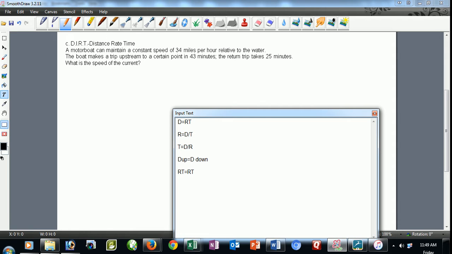So what you're going to say is the rate upstream times the time upstream must equal the rate downstream times the time downstream. The cool thing about this is let's put little spaces here so we can see what's going on.